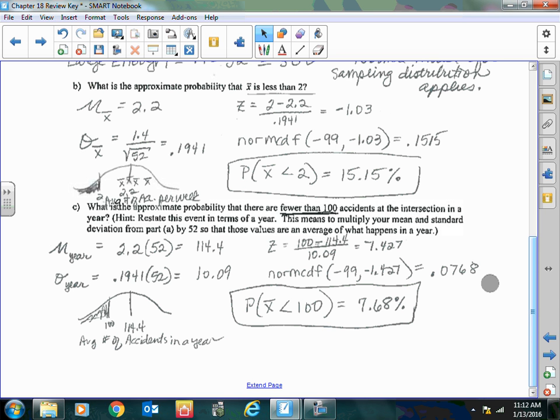But you could have likewise divided 100 by 52 and done it that way. So you either get them all in terms of a year by multiplying by 52, or you back it off and turn this 100 into a week, and they would be the same. Okay? Questions on that page?